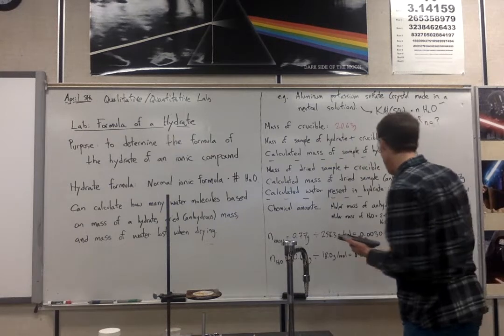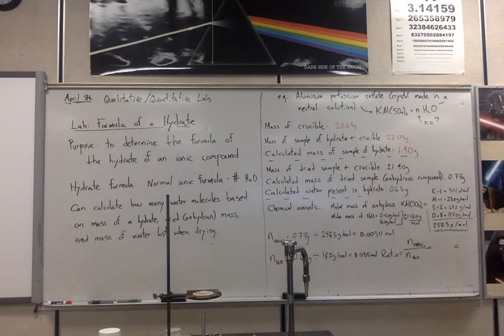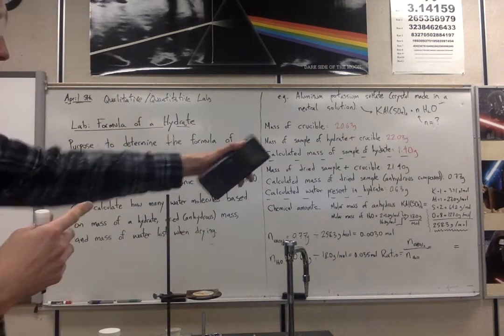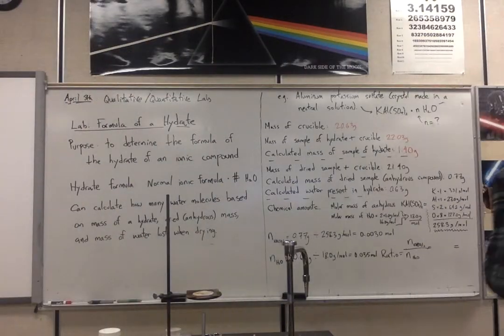The ratio will be, what do you get when you divide one by the other? Well, let's see. We're dividing the potassium aluminum sulfate by the water. So I'm going to go 0.77 divided by 258.3 equals, I can divide that by bracket 0.035 divided by 18.